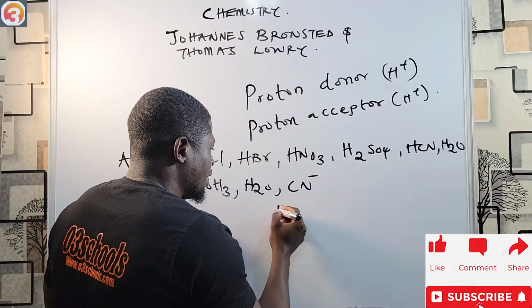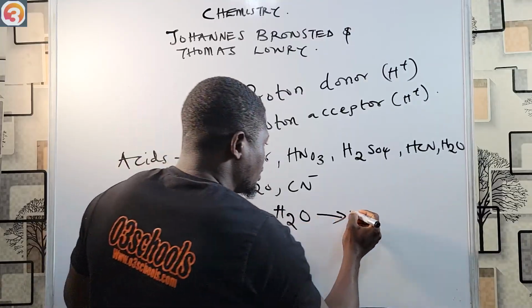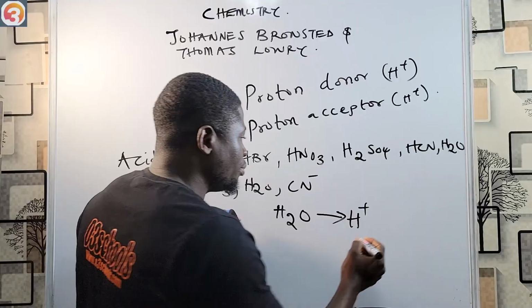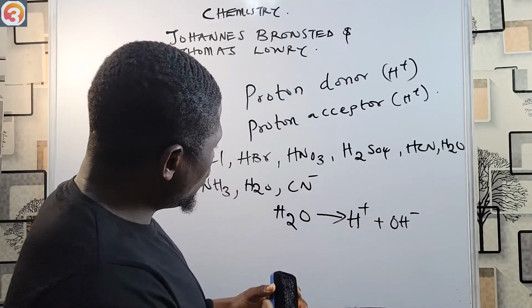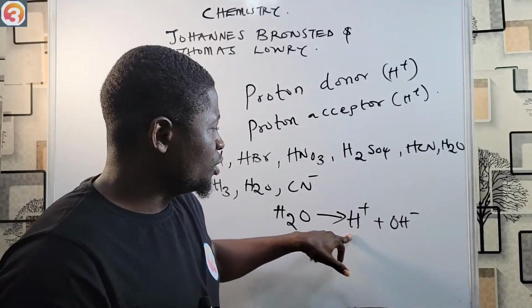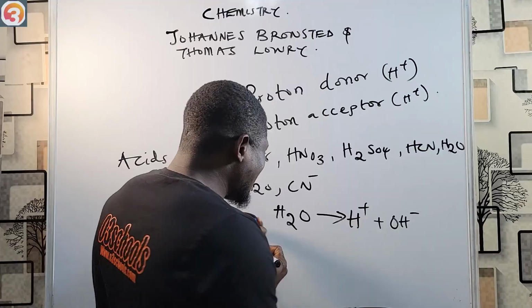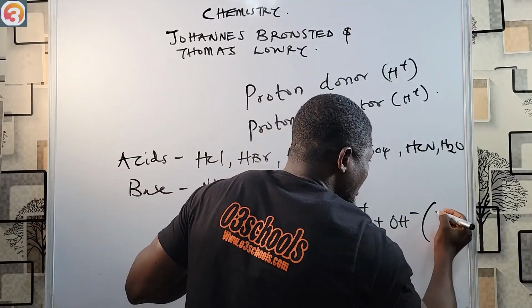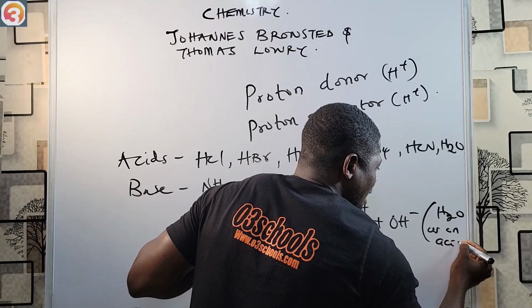See water, H2O, right? It can donate a proton. I'm going to have H positive, then plus OH minus, right? So you can see here that water is donating a proton to give the hydroxyl ion, right? So in this case, water is acting as an acid, H2O as an acid.